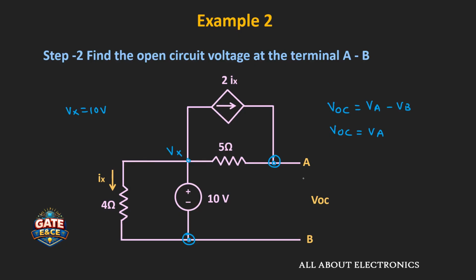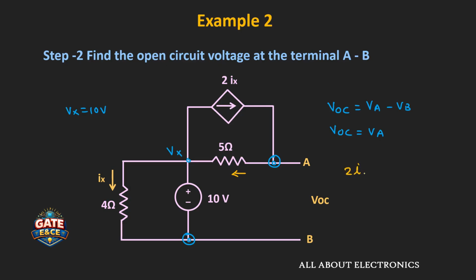So now to find this voltage VA, let us apply the KCL at this node. So here, let's say the current which is flowing through this 5 ohm resistor is going away from the node. And if you see over here, this current from the dependent source is actually entering the node. So if we apply the KCL at this node, then we can say that the current which is leaving the node is same as the entering current.